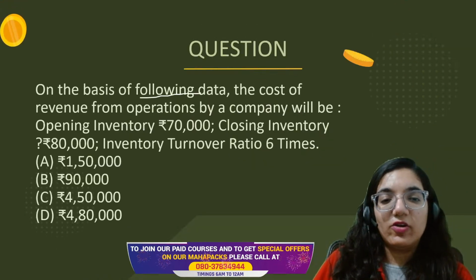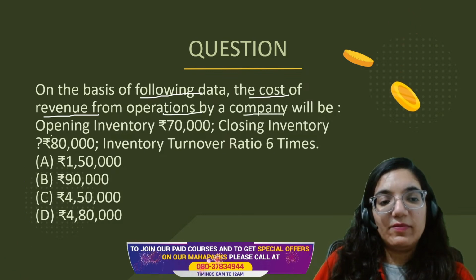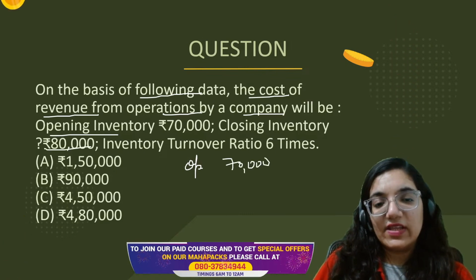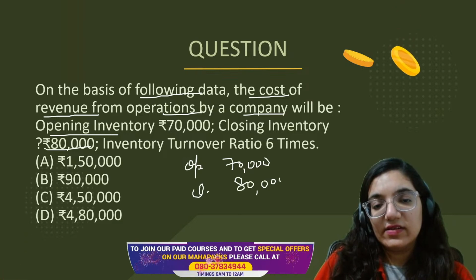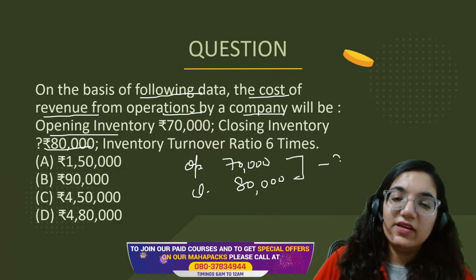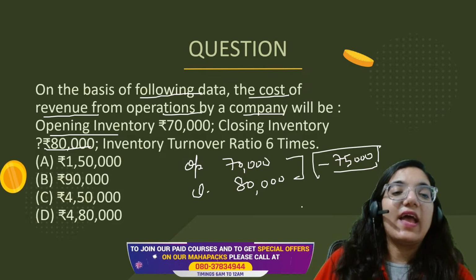On the basis of the following data, the cost of revenue from operations by the company will be... Opening inventory is given 70,000. Closing is given 80,000. So what is the average everyone? 70 plus 80 divided by 2 will give us 75,000. This is my average.